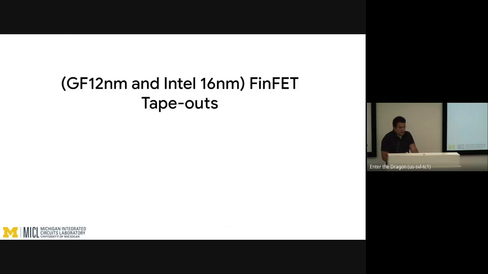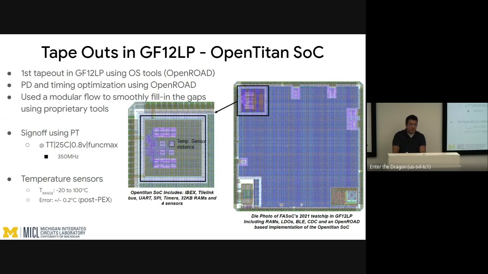All right. The other exciting projects we did are in FinFET, and we are using open source tools here. Some people don't believe that, but it's possible. We have done it in GF12. A while back, we taped out an OpenTitan SoC, same as the one we did in SkyWater 130, but including sensors and using OpenROAD as the main open source tool.